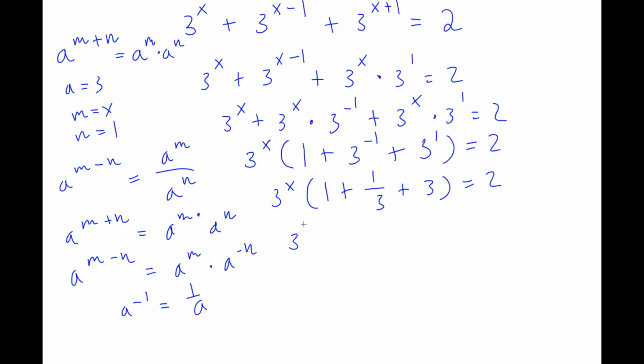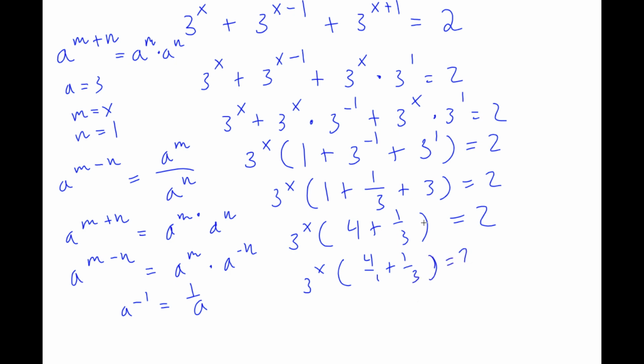Now I have 3 to the power of x times, 1 plus 3, this is equal to 4. So I have 4 plus 1 over 3, and this is equal to 2. Now 4 plus 1/3 is equal to 4 over 1 plus 1/3.